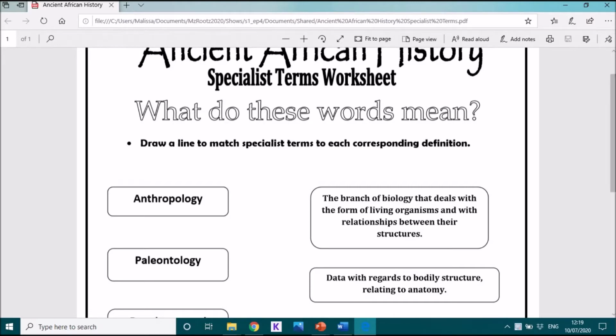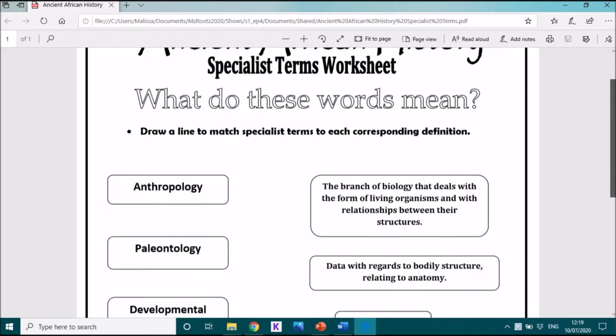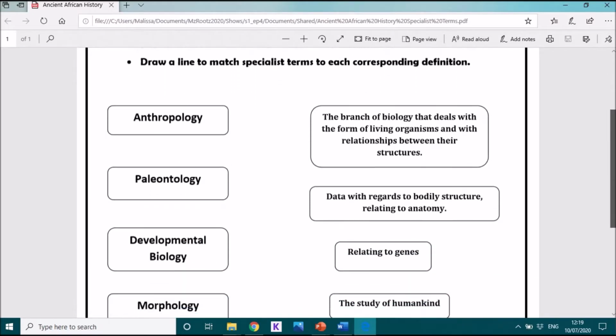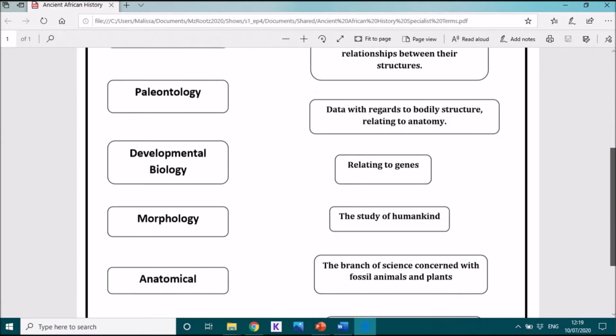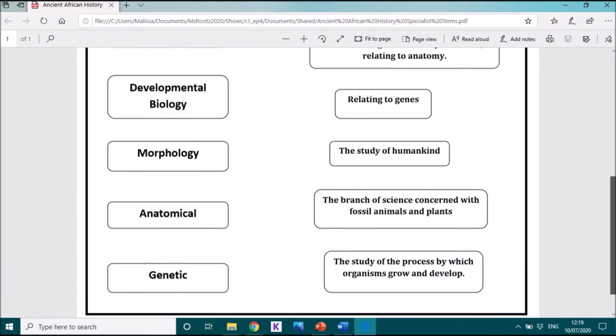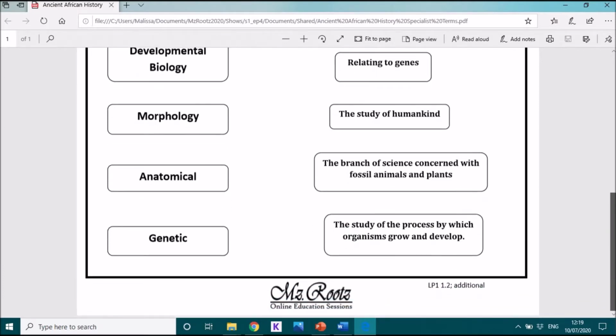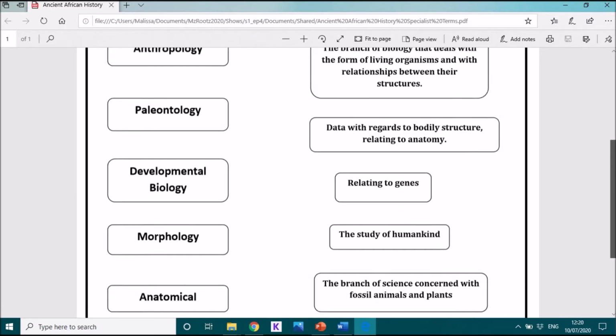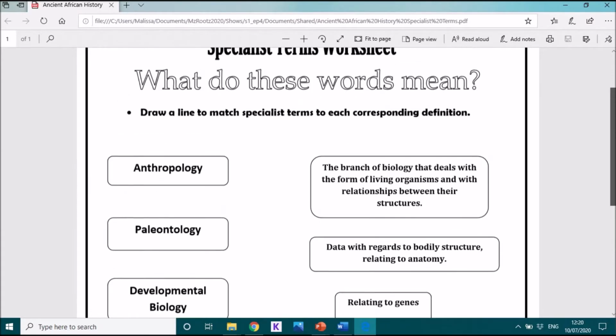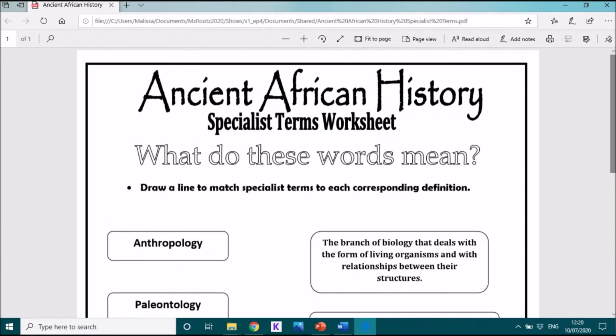This worksheet is designed to ensure that you know some key terms that will be used throughout this course. Key terms that are used regularly when studying ancient African history. So this is aimed at building your vocabulary word bank.